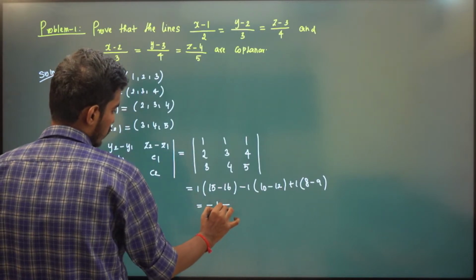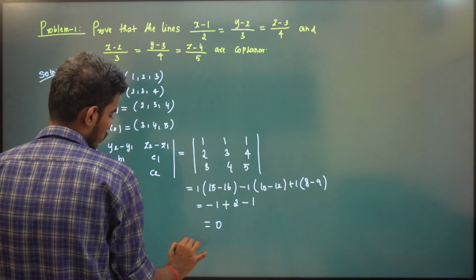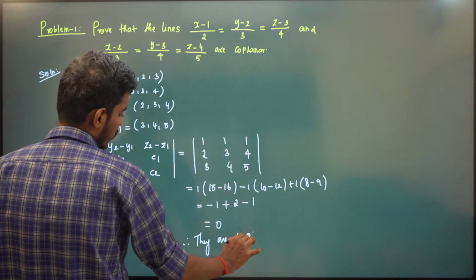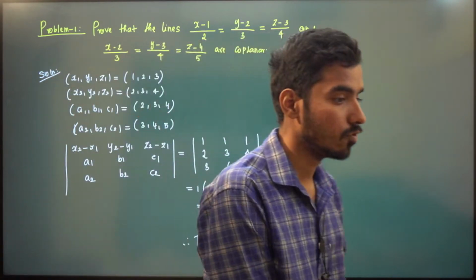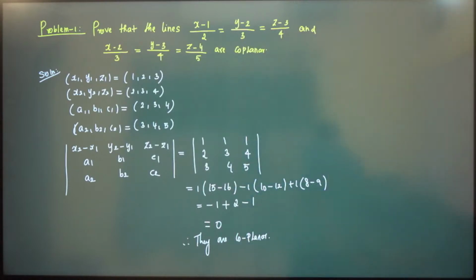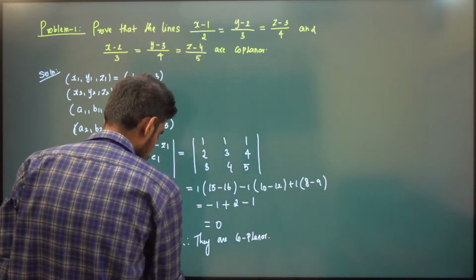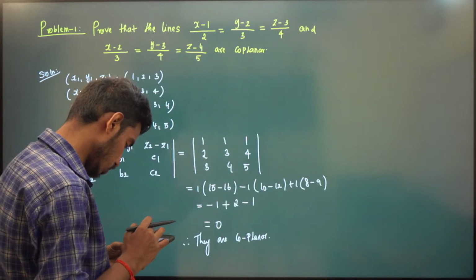So minus 1 plus 2 minus 1, which is 0. Therefore they are coplanar. They haven't asked us to find the point of intersection, and they haven't asked us to find the plane in which they lie. They only asked us to show they are coplanar, which we did very easily. So we'll move on to the second problem.